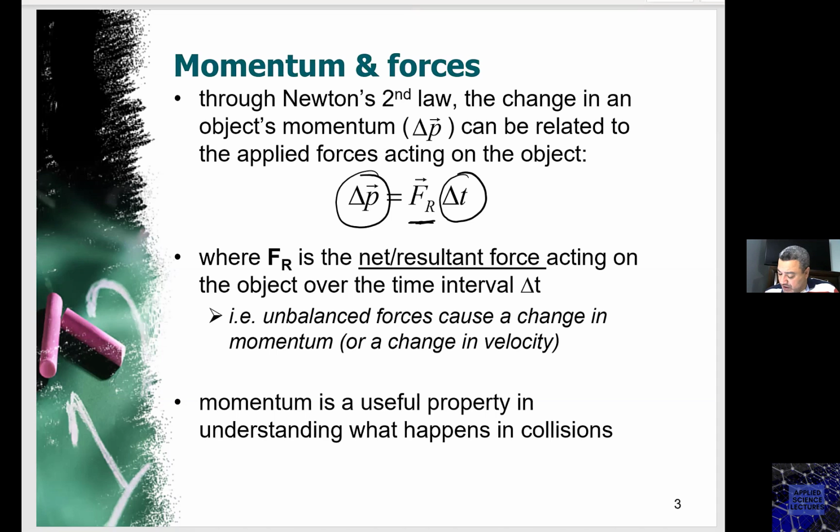Momentum is a very useful property when it comes to understanding what happens in collisions. So how did we come up with this expression? The change in the momentum equals the applied force times the time of the applied force.